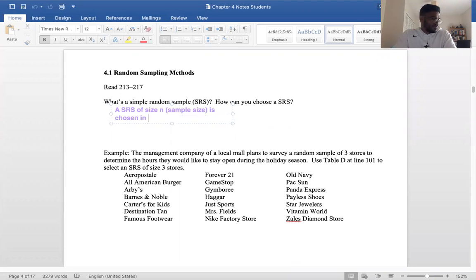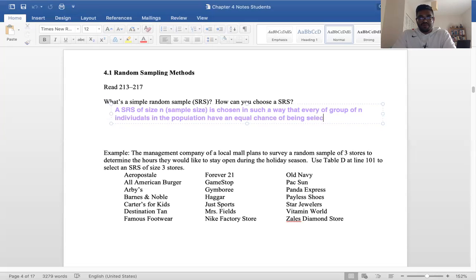It is chosen in such a way that every group of n individuals in the population has an equal chance of being selected. The easiest way to think about this is just number everyone, and then take a random number generator to select your participants.